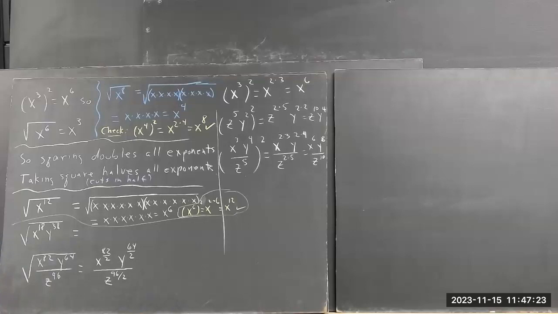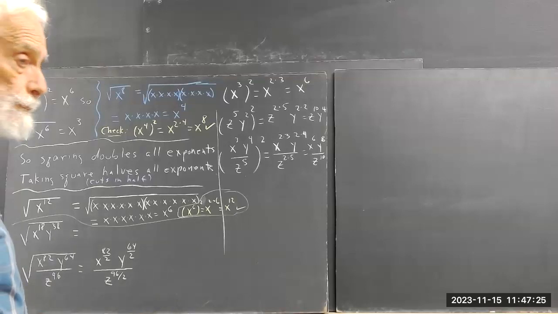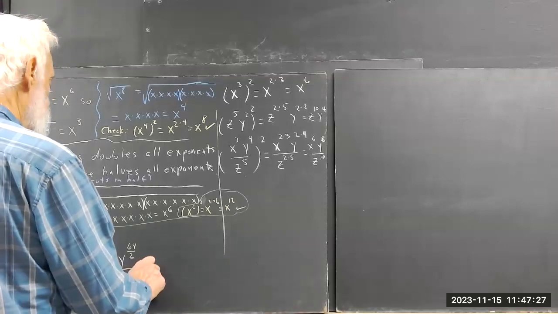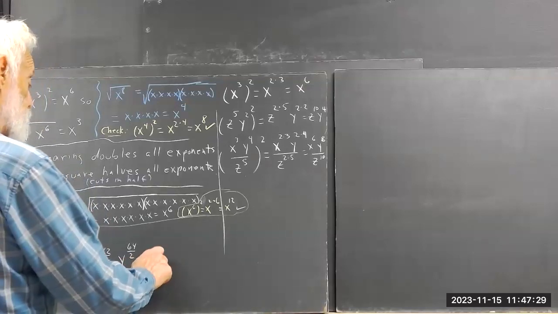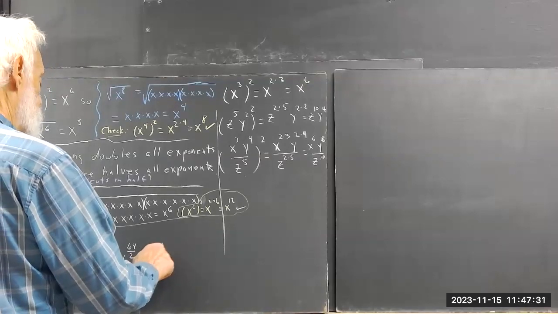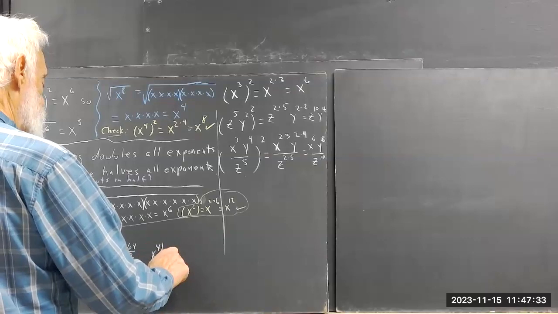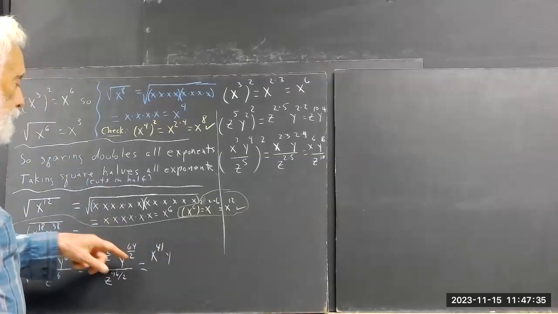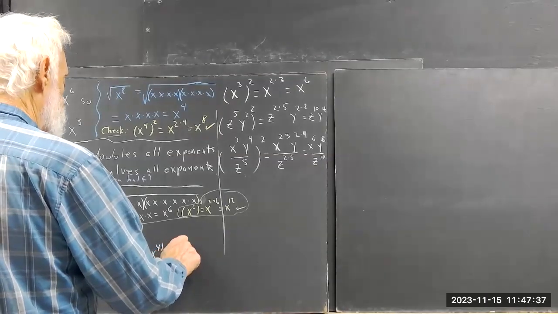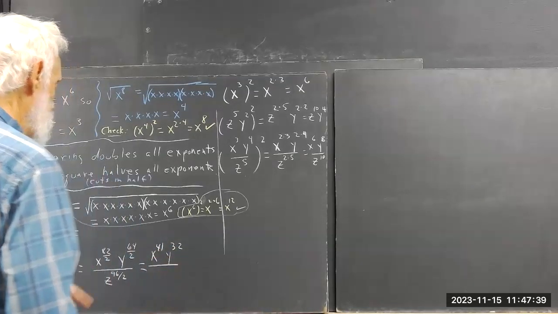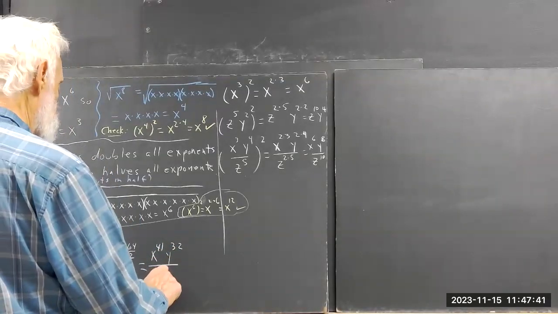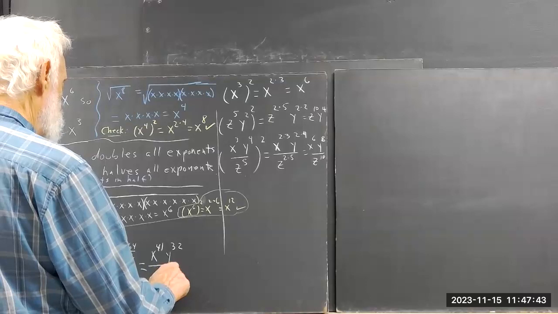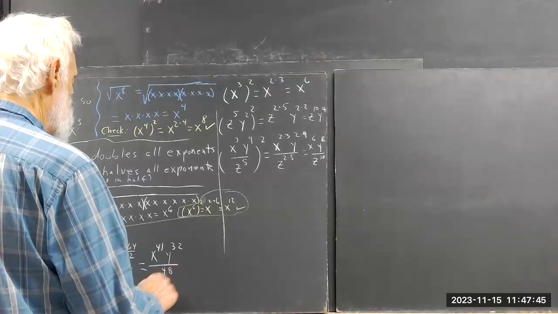82 divided by 2 is 41, so we get x to the 41. 64 divided by 2 is 32, so we have y to the 32. 96 divided by 2 is 48, so we get z to the 48.